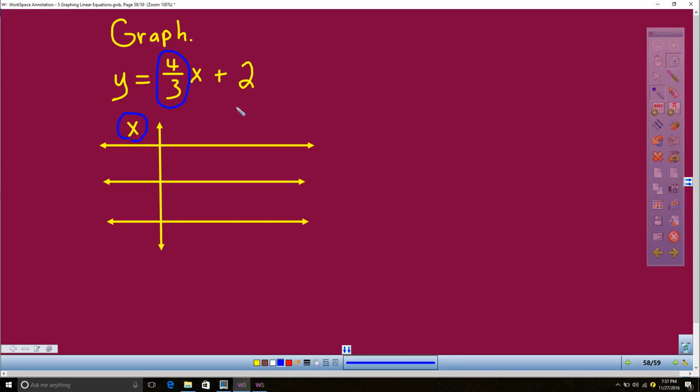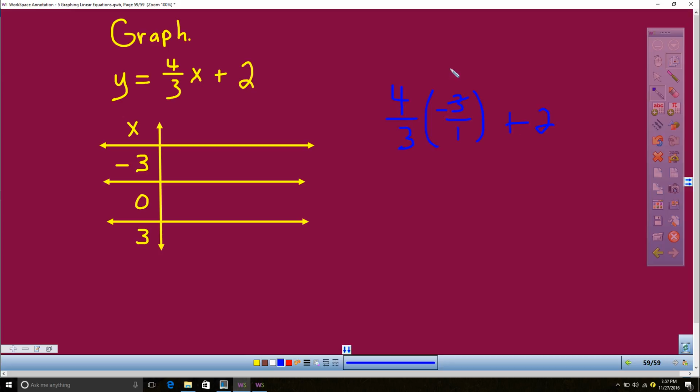Therefore, I would like to choose some easier x's, so I'm going to choose -3, 0, and 3. The reason I'm going to do that is because if I let x, for example, be -3, then when I multiply -3 times 4/3, look what's going to happen.